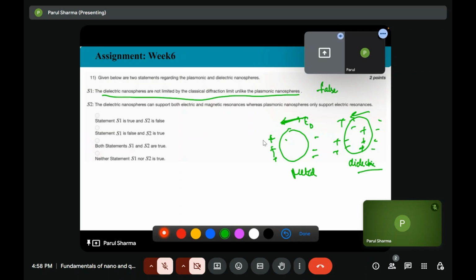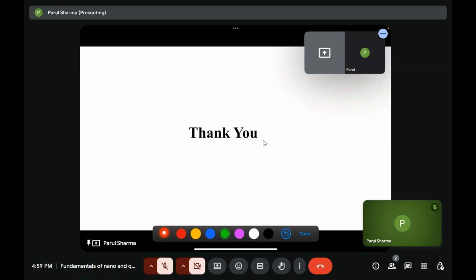So it can support both electric and magnetic resonances. So statement one is false and statement two is true, so the option is B.